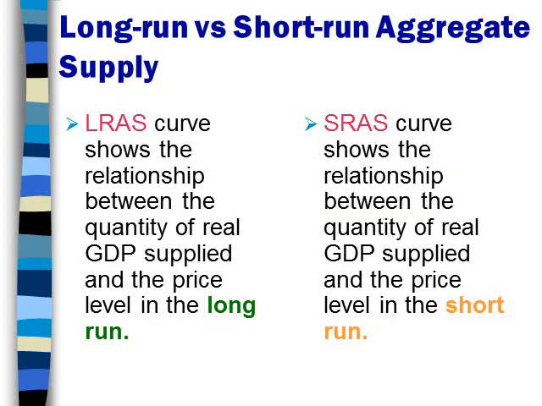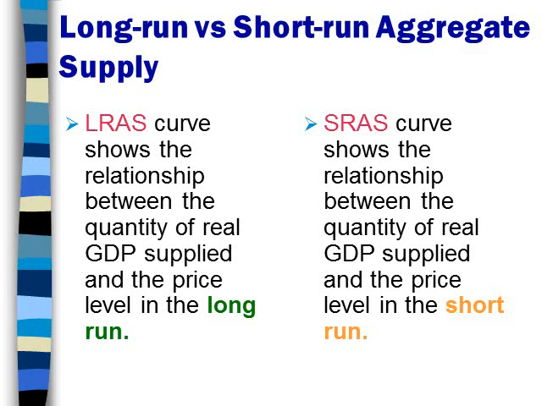Now let's take a look at the supply curves first. Your supply curves are divided into the long run aggregate supply curve and the short run aggregate supply curve. Your long run aggregate supply basically shows you your potential, the production capability of the economy given how much resources you have. It shows you in the long run what is the amount of GDP that your economy can potentially produce.